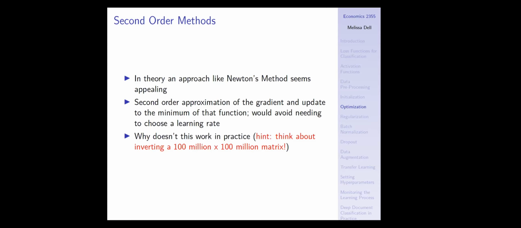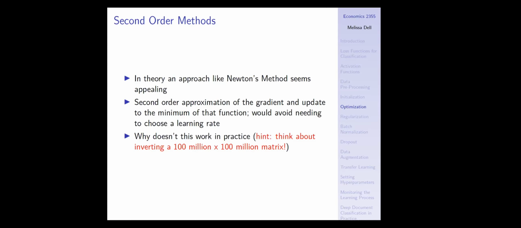And it has the advantage that you would not have to choose a learning rate, which, when we talk about hyperparameter optimization, we'll see is kind of the main hyperparameter that you have to worry about optimizing over. Like why don't people ever do this in neural networks in practice? The answer is, if you think about it, in order to determine this step, you're going to have to compute the Hessian matrix, and then you're going to have to invert it.